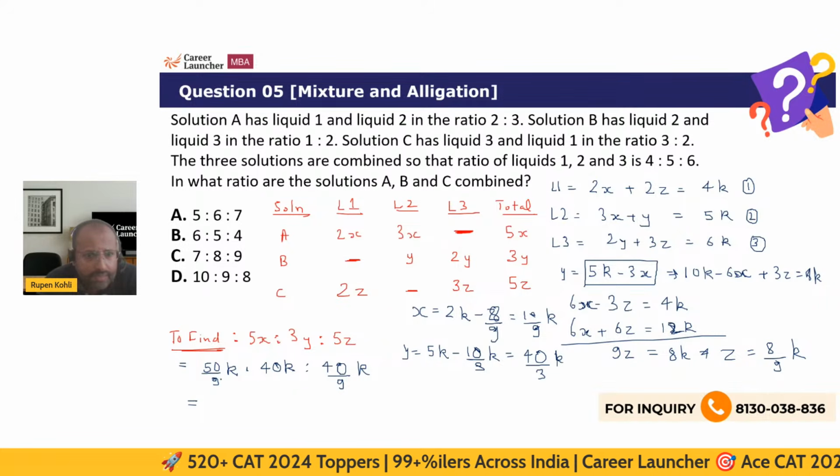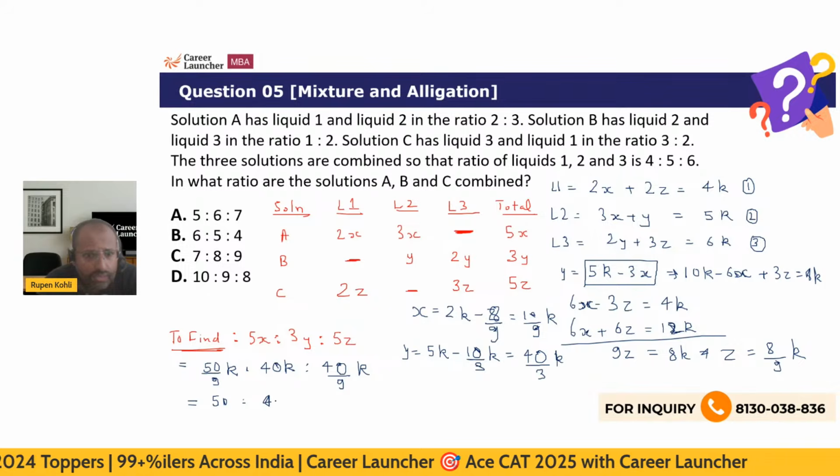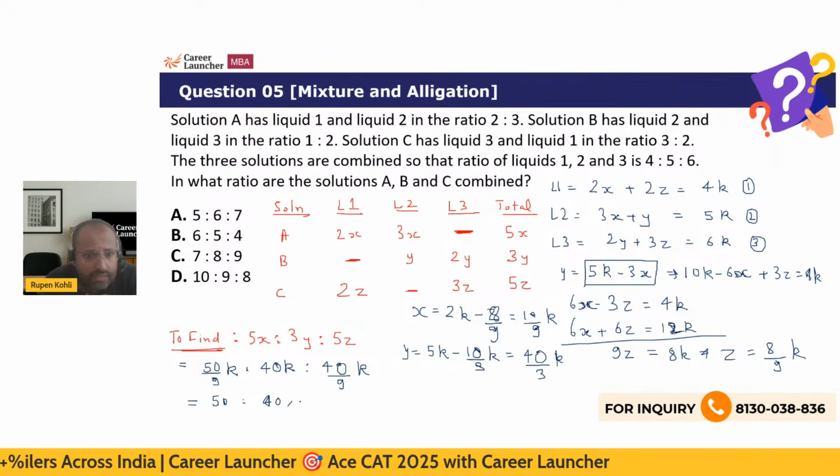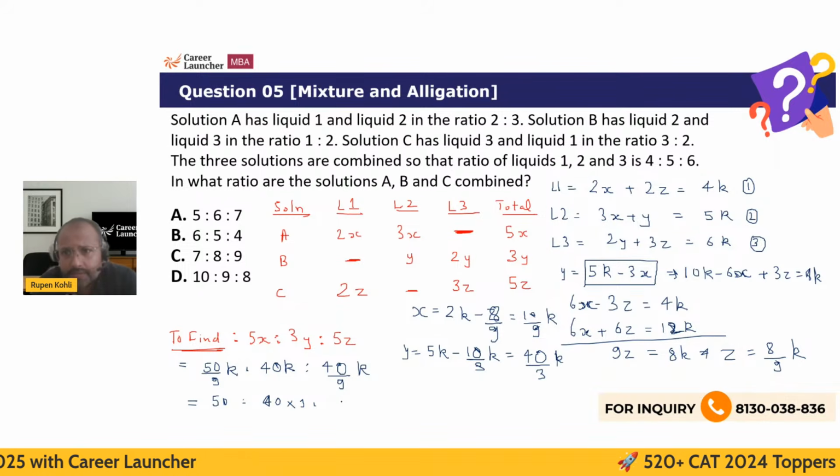So if we multiply with 9, we are getting 50 is to 40 into 9 is to 40. Something is wrong. Just 1 second.